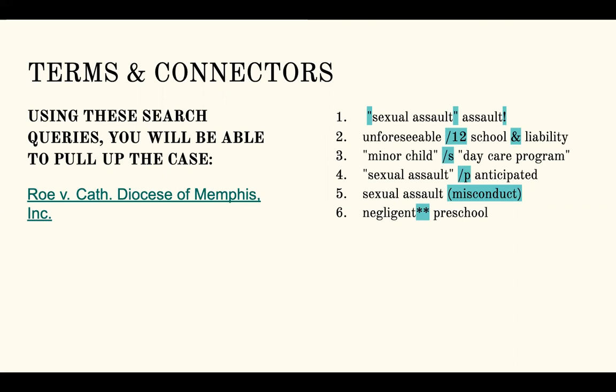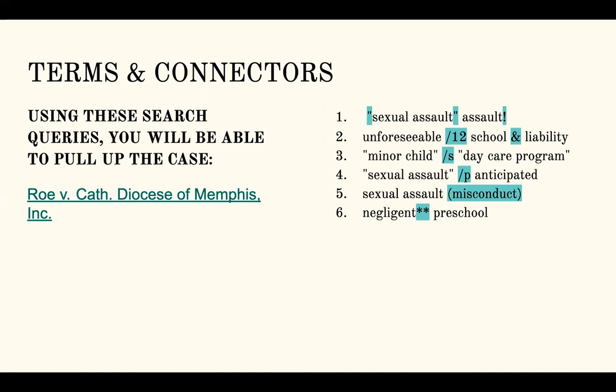Number 2, we have unforeseeable, and then we see a forward slash followed by the number 12, school, that and sign, and liability. In this case, that slash followed by the number 12 means that within 12 words of unforeseeable, you're going to find school.